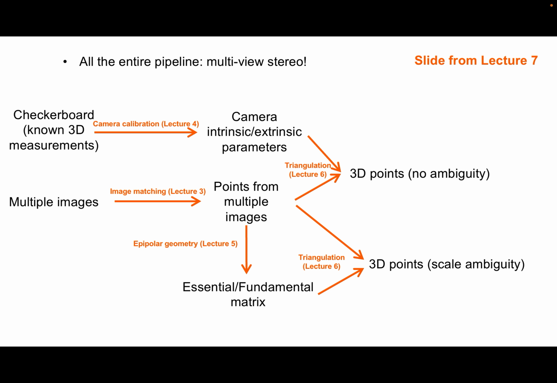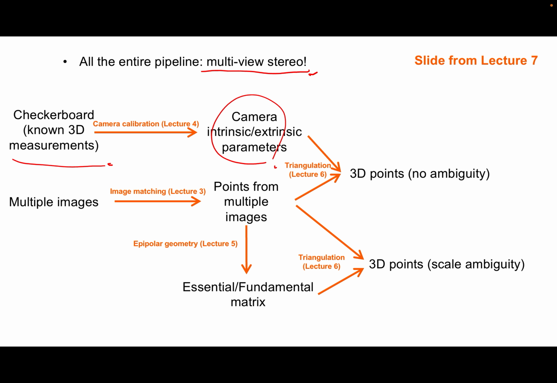So this is the entire pipeline. Actually, this entire pipeline is multi-view stereo. The entire pipeline is multi-view geometry theory, but the entire pipeline is multi-view stereo. If we have a checkerboard, then we can do camera calibration. If we do not have a checkerboard, then we can get camera parameters from SfM.